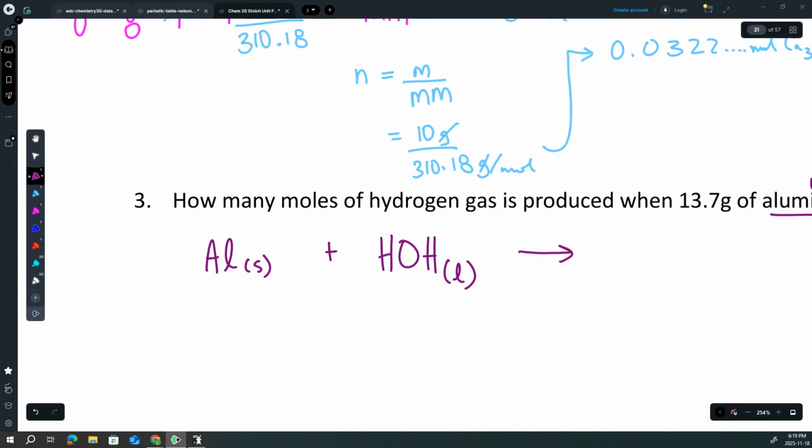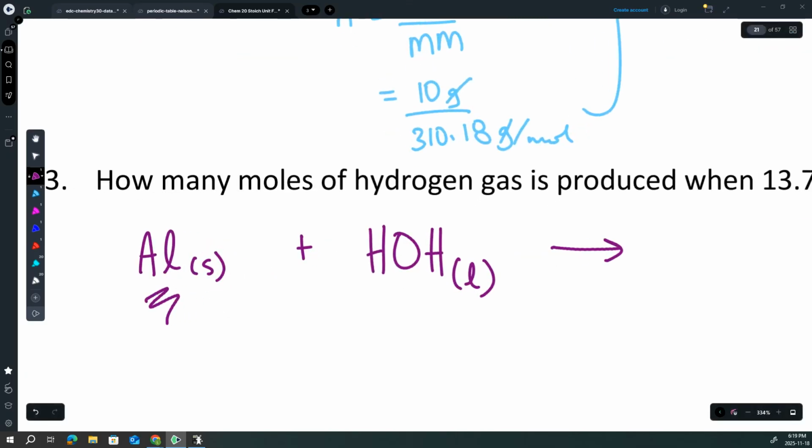All right, so if you have an element reacting with a compound, that is going to be a single replacement reaction. So what that means is you need to figure out, okay, what type of ion does the element like to form? Well, aluminum likes to form ions with a 3+ charge. Okay, so since it likes to form positive ions, I'm going to switch aluminum with something else in the compound that likes to form positive ions.